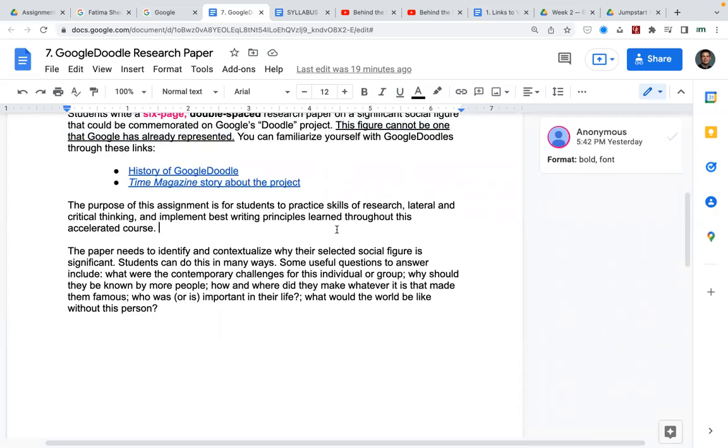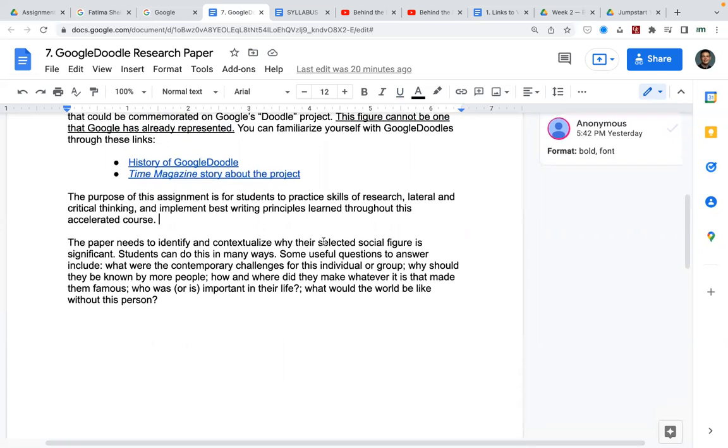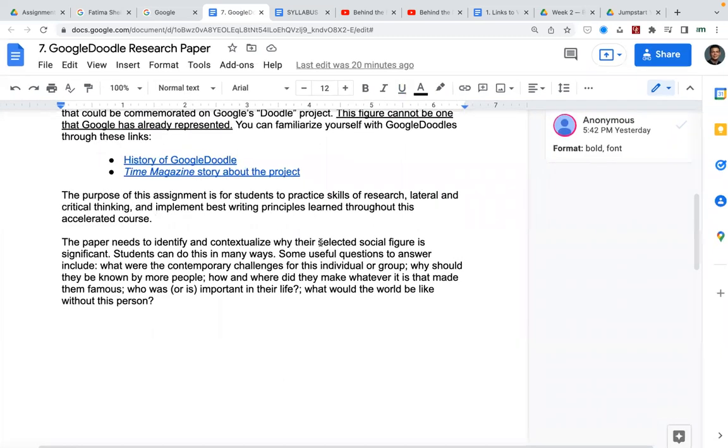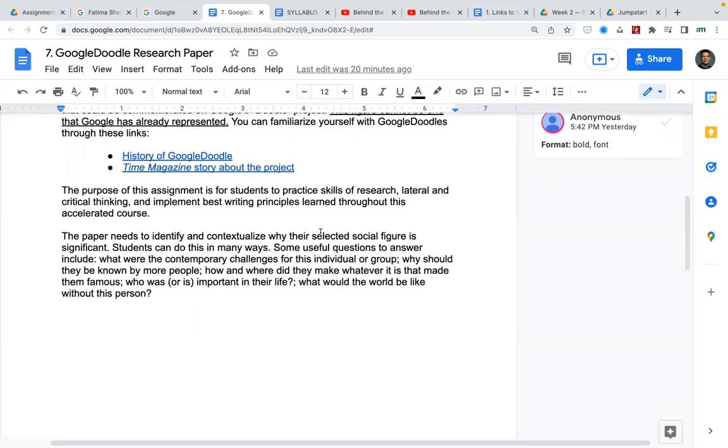So principles of concision, compulsion, and clarity, to write clear, compelling, and concisely, as well as empathy, purpose, rewriting, using the zero draft checklist. There are so many writing principles to apply, and this assignment is an opportunity to do so.